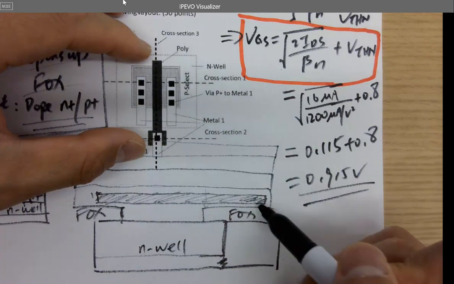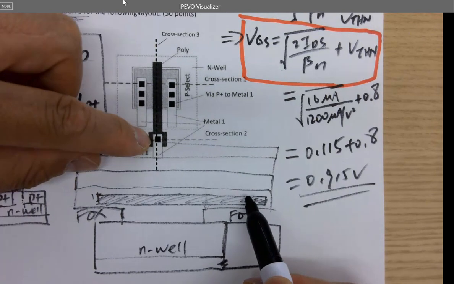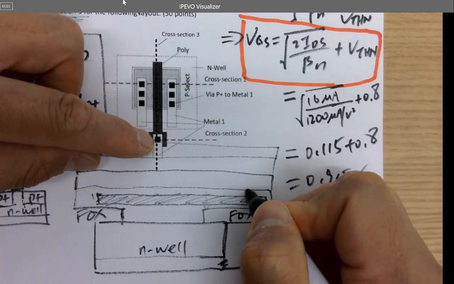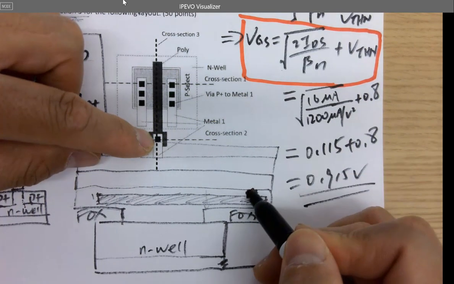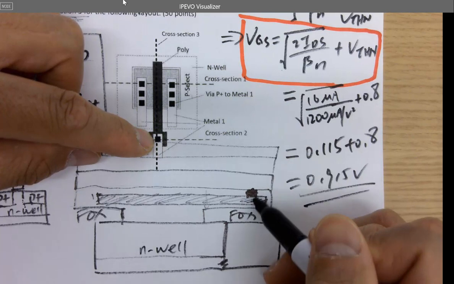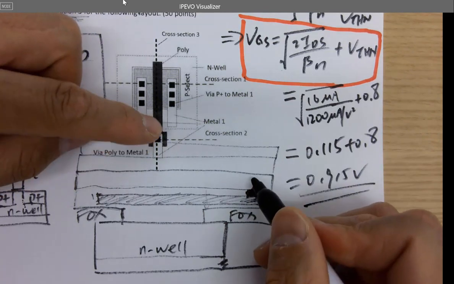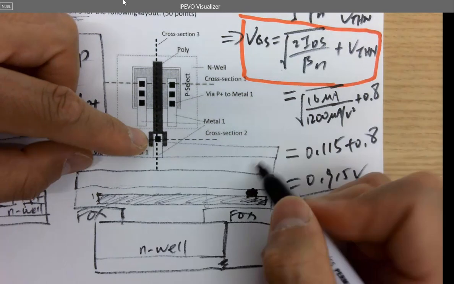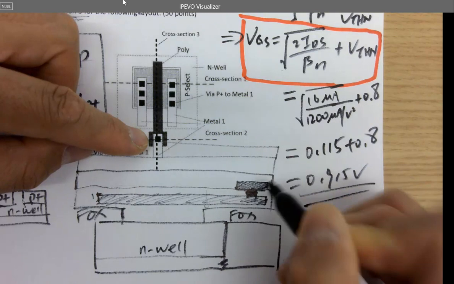And when it's closer to the other side of the drawing, like here, it has a via. You don't have to draw the via all the way through to the bottom, because there's nothing at the bottom. It's just drilling a hole to the top and connecting to the metal 1 layer. You've got a little metal 1 here, like this, which is this guy.